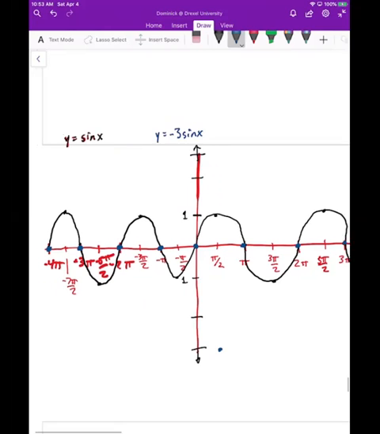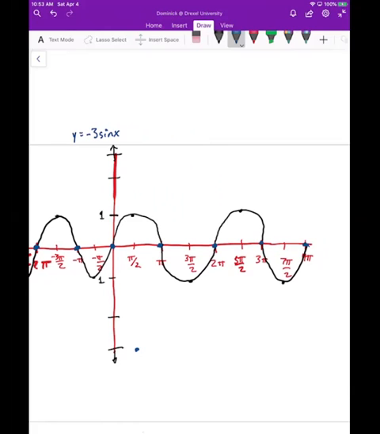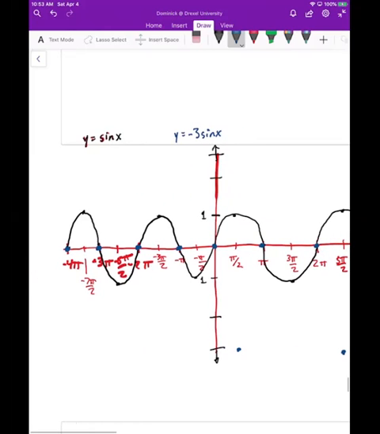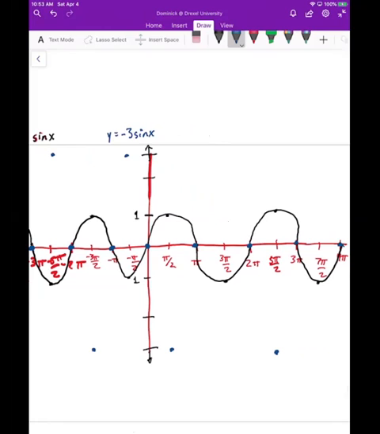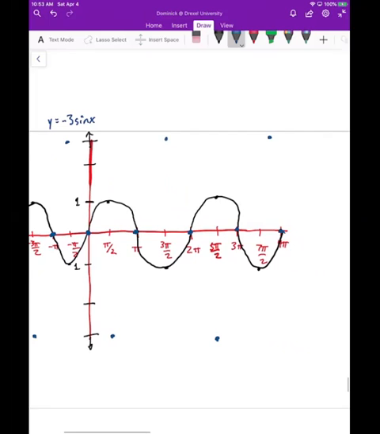So -3 will become down here, and we'll also get a -3 for this point here. And then on this side, we have a 1, so -3 there, 1, so -3 here. And of course, all my negative ones will become positive 3s. So then I have a 3 here, a 3 here, and then a 3 here, and a 3 here.